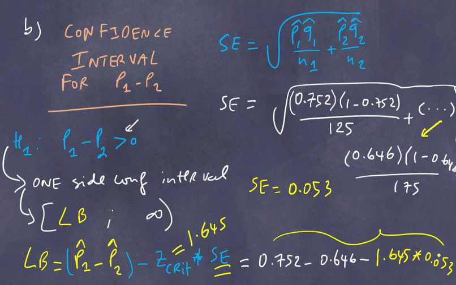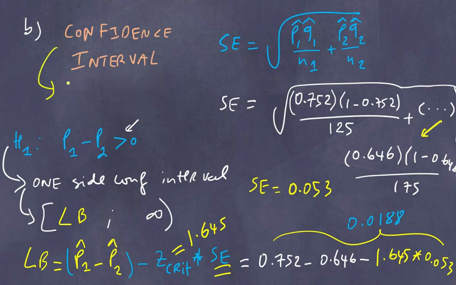Okay, how much is this? 0.0188. So the confidence interval is 0.0188 to infinity.